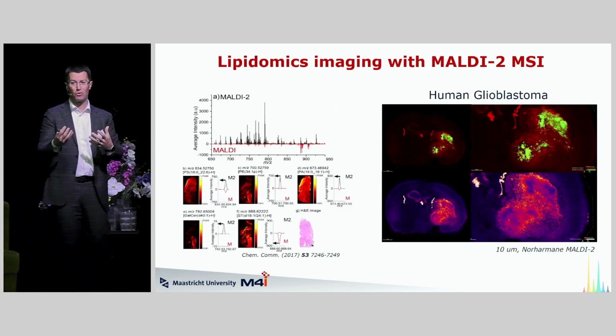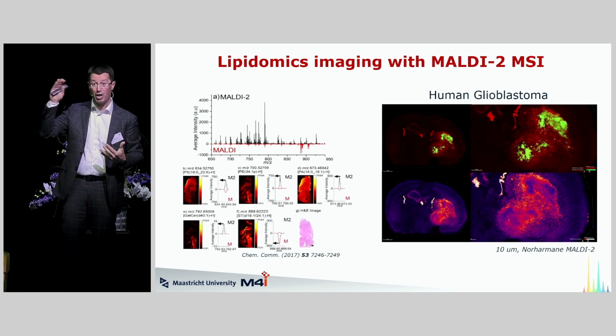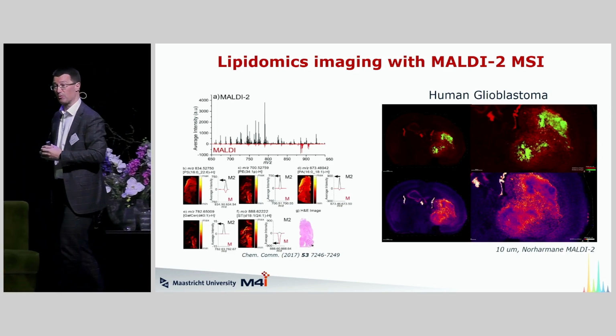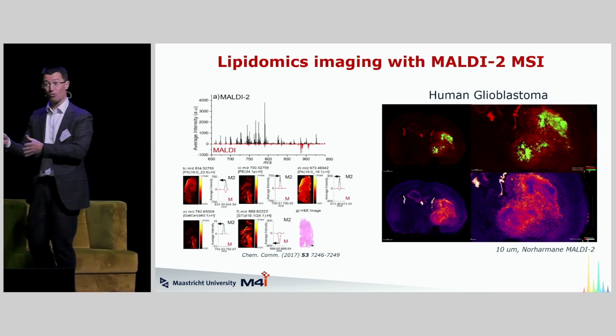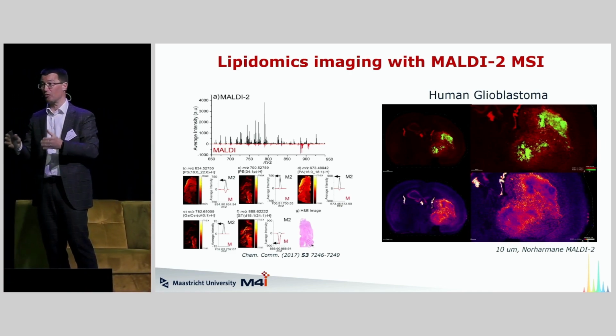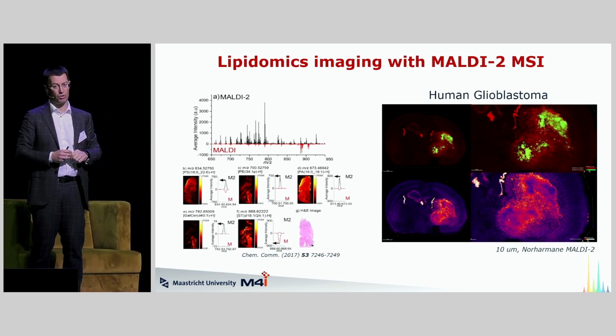Just to show you some results of that, on the left you see some of the lipid spectra that we get from a single pixel, MALDI-1 and MALDI-2 compared, and this is the 2 orders of magnitude more peaks and higher peaks of certain lipids. Translating that into the image quality, on the right side you see an image of a human glioblastoma where we have single cell sensitivity with this approach.